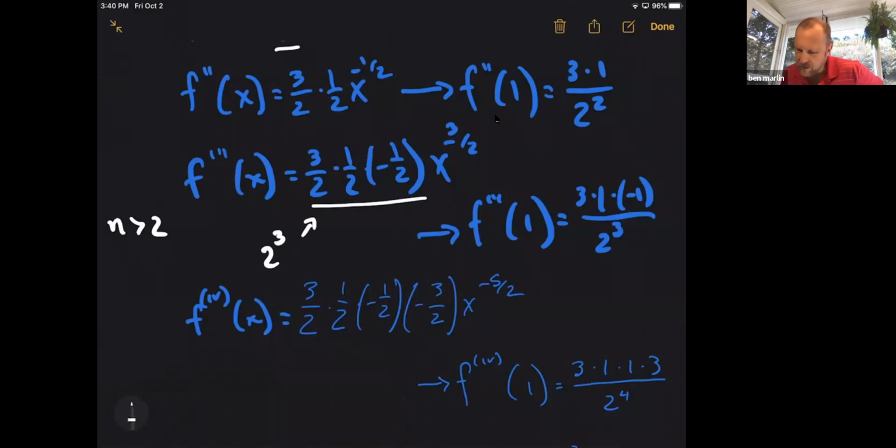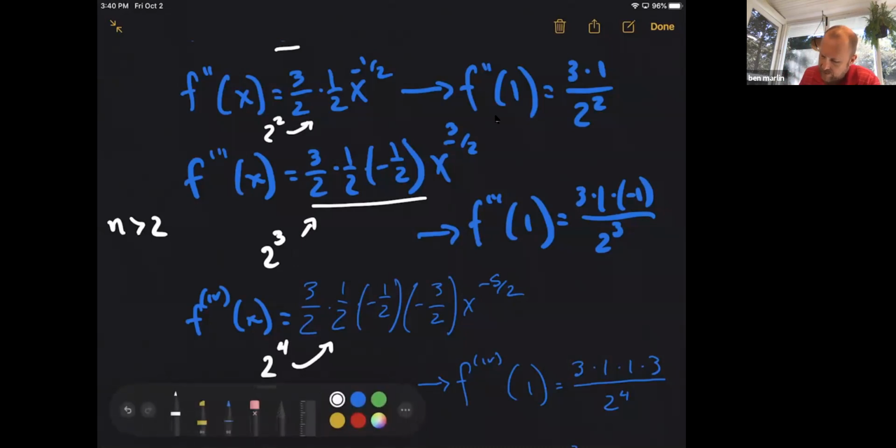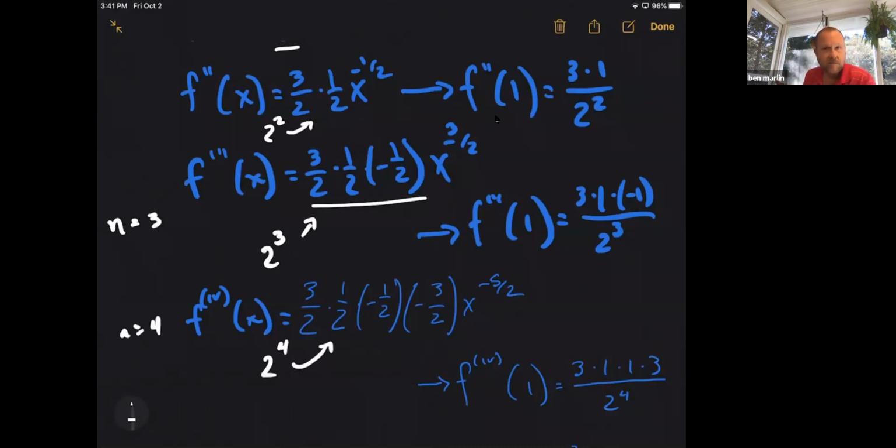Whereas the previous one, we had a 2 to the second, and the next one would have a 2 to the fourth. Well, our n is 3 in here, and n is 4 in here. So that part's nice. We can see we're going to have a 2 to the nth power, okay?